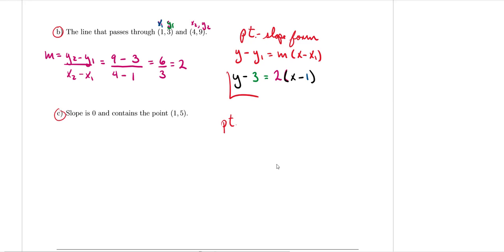So the point slope form is y minus y1 equals the slope times x minus x1. Okay, so putting everything in, we'll have y minus y1, which is our 5 here, and that's equal to the slope, which they're telling us is 0, times x minus x1.